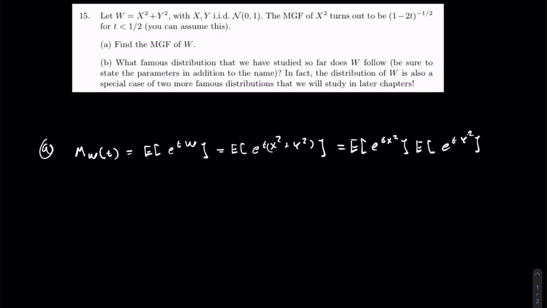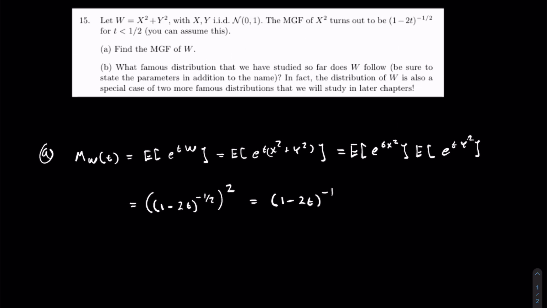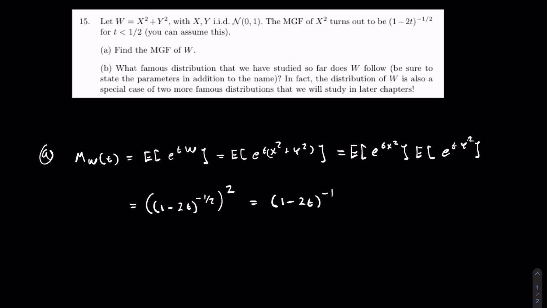So we have 1 minus 2t for the first MGF. I'm going to square that because we have two of them, and this then simplifies to 1 minus 2t to the power of minus 1. This is then the MGF of W.